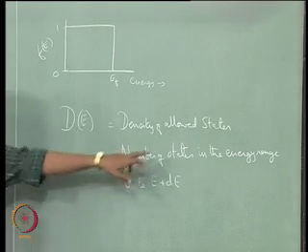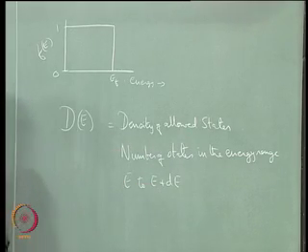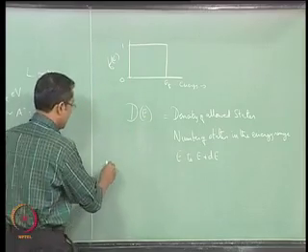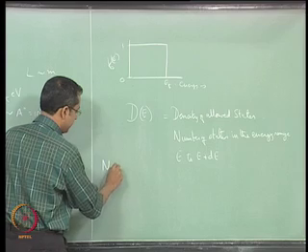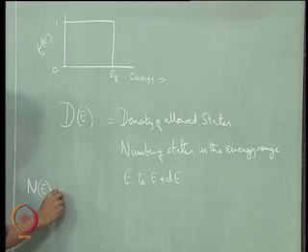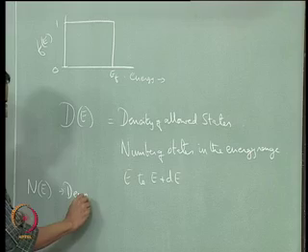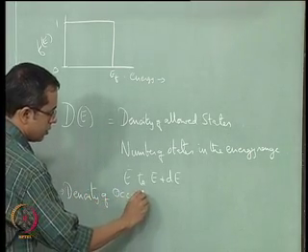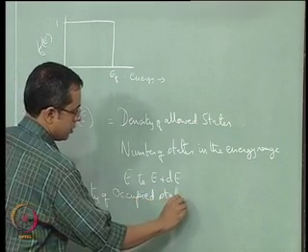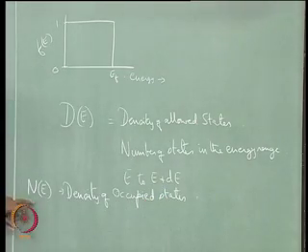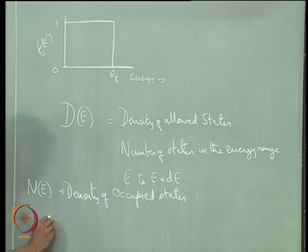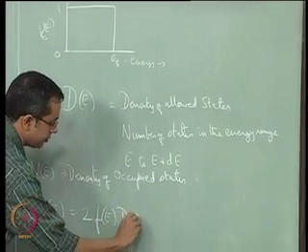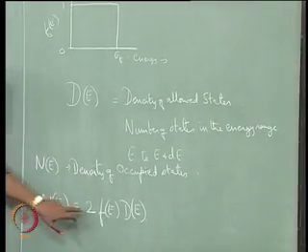Okay, so if you know the number of states in the energy range E to E plus dE, in that small dE between E and E plus dE, that is this density of allowed states. And if you define n of E as the density of occupied states, okay, so density of occupied states, then n of E is equal to 2 f of E d of E, and I will just explain it.